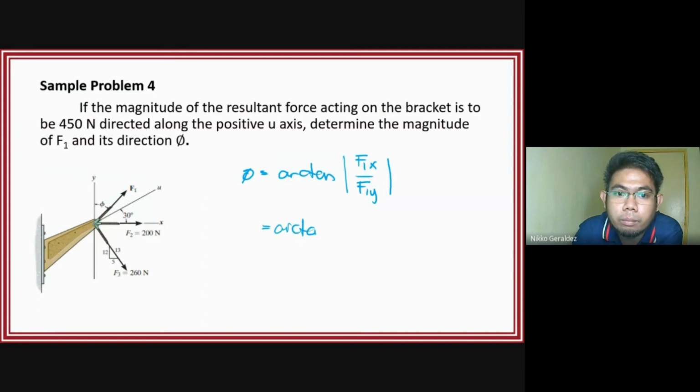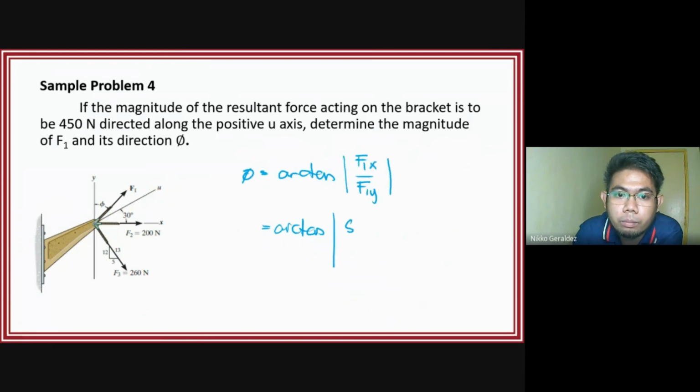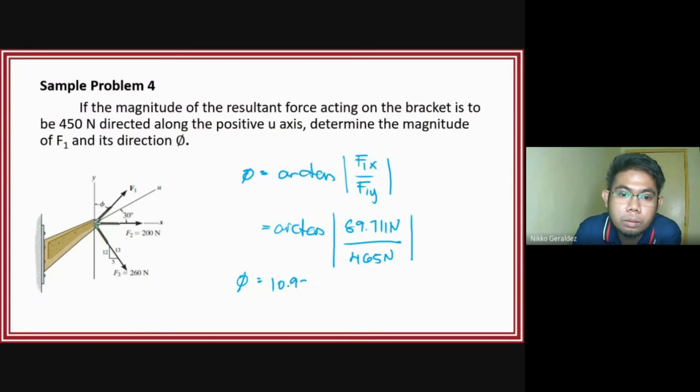So, arc tangent of F1x, F1x is 89.711 over F1y, 465 newtons. What is the angle phi? So, that is 10.92 degrees. So, that is right of positive y axis.